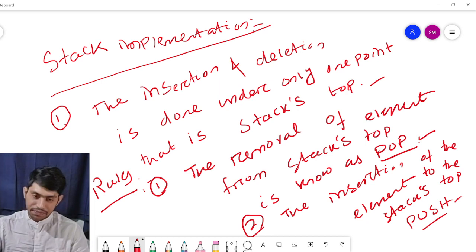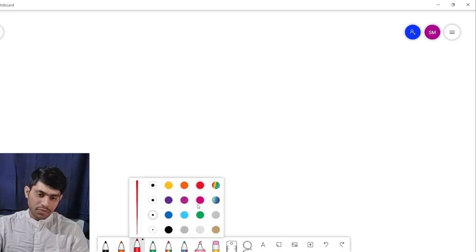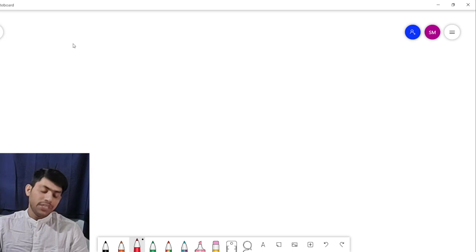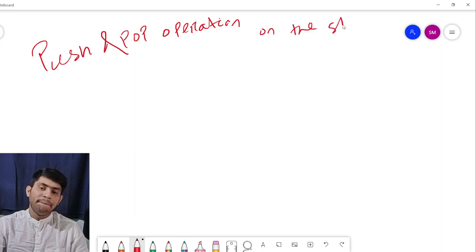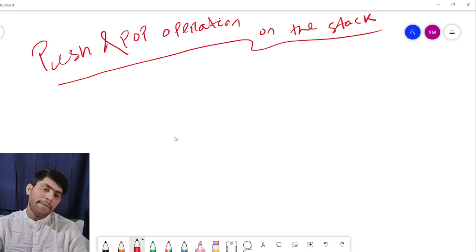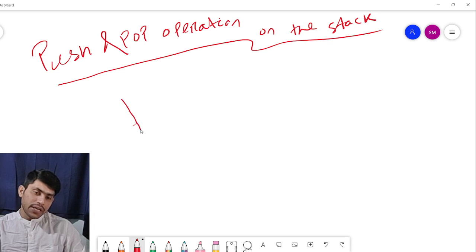Let's see the push and pop operation on the stack. Suppose this is the stack.